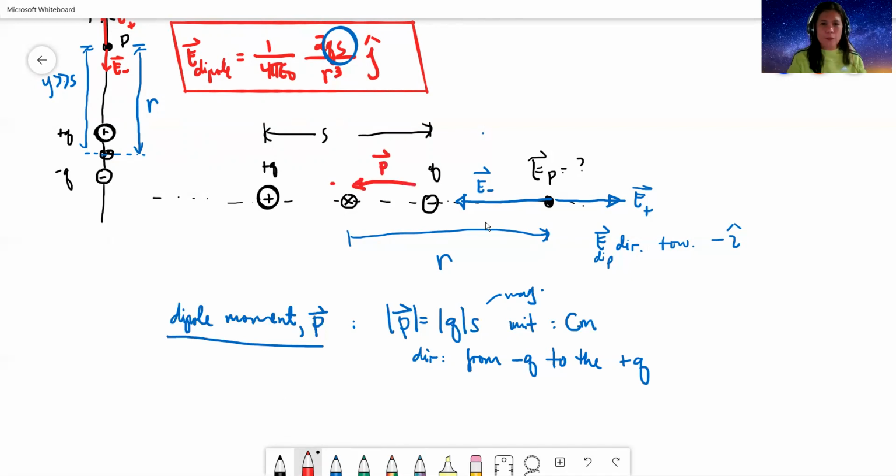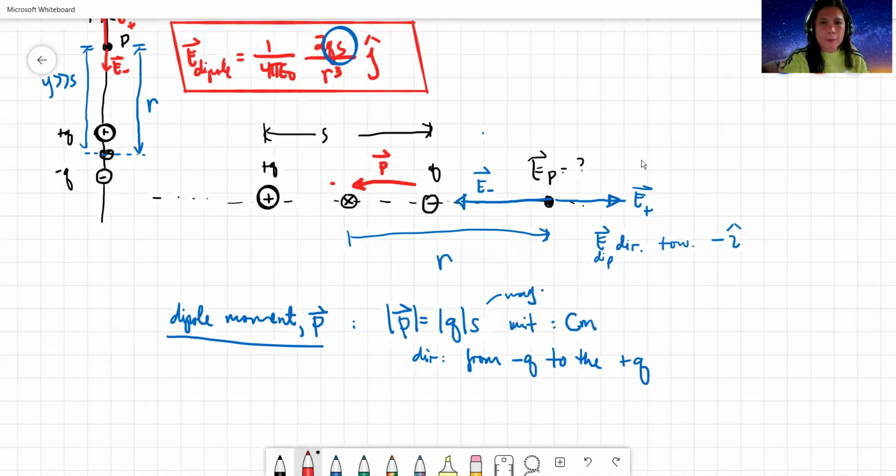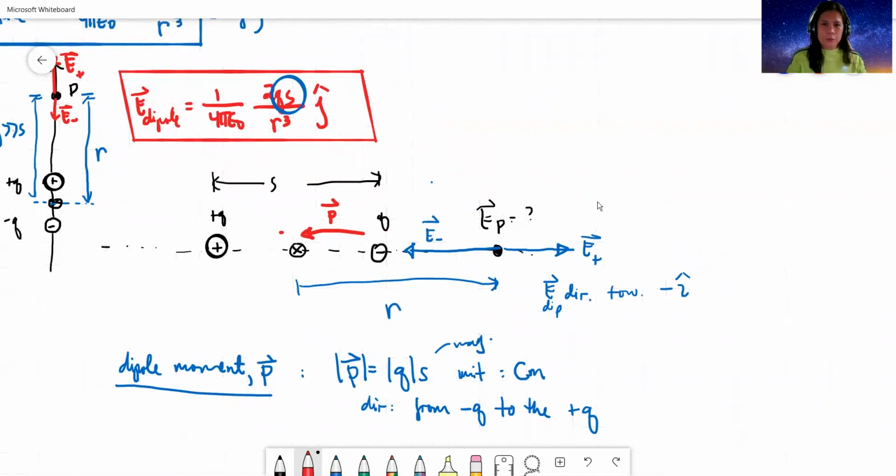That's the dipole moment. So in terms of dipole moment, the equation will become, so if dipole moment ang binigay sa inyo, then this equation, the electric field of the dipole, still along the axis ha, where y is much greater than s. Do not forget that. Tapos on axis.